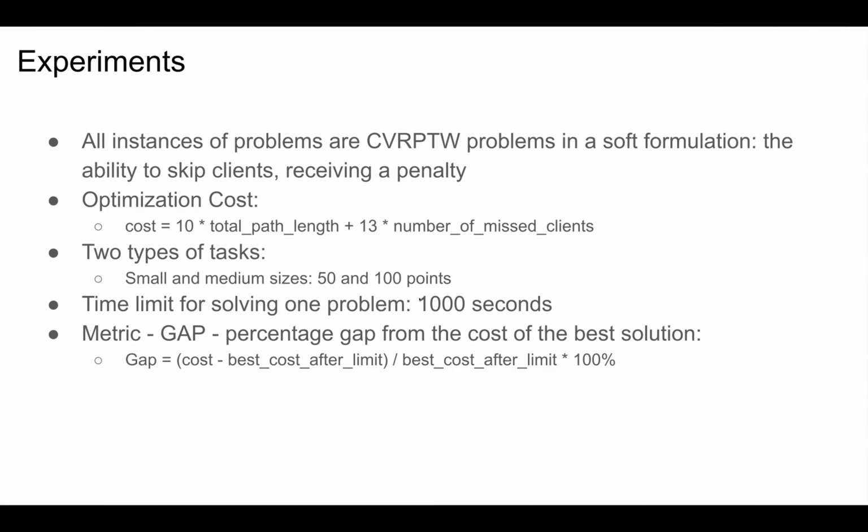We are trying to optimize a weighted sum of total path lengths and the penalty, which I mentioned above, and in the end we count the gap between the best solution on the 1,000-second optimization graph, across all algorithms, and the current one.